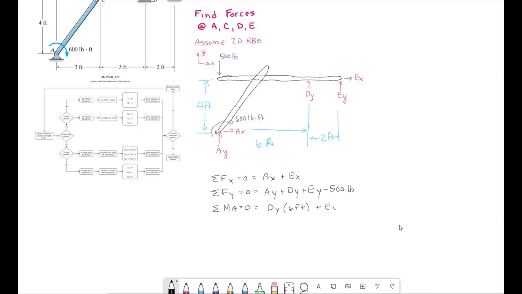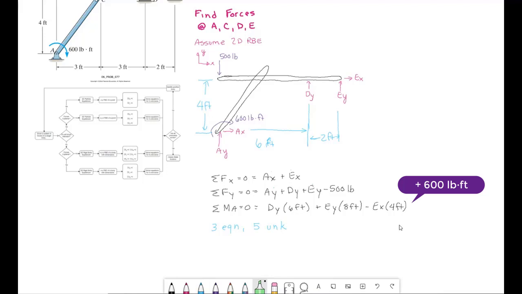Plus EY times 8 feet, again counterclockwise rotation, so that's positive. Minus, because EX is going to cause clockwise rotation, EX times 4 feet. So at this point, we have 3 equations and 5 unknowns.